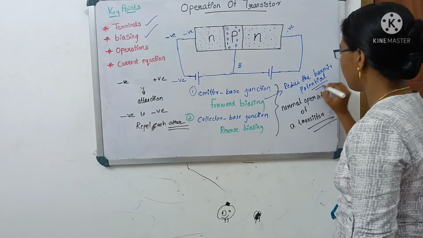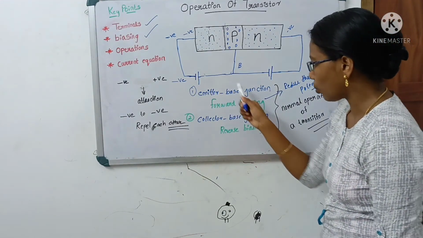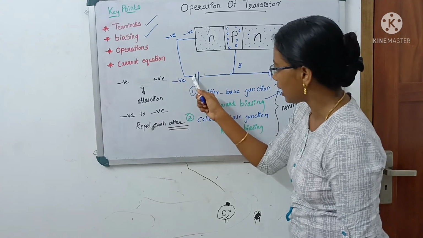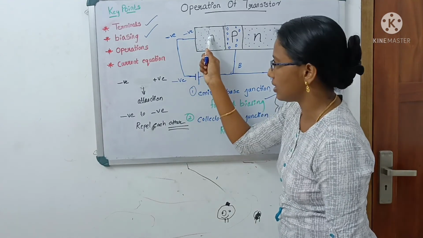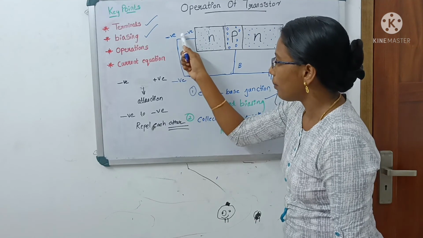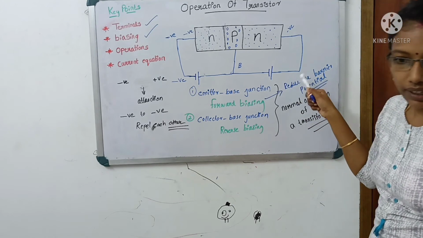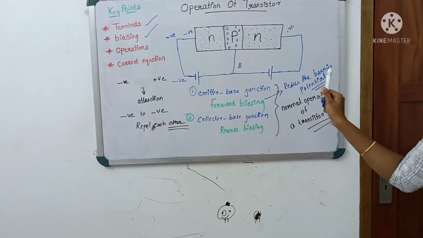When the emitter base junction is forward biased, the negative is connected to the N region, so there is a repulsive force here. Based on that, its barrier potential is reduced. What happens when the barrier potential is reduced?